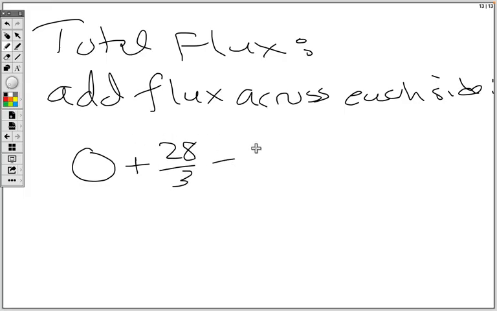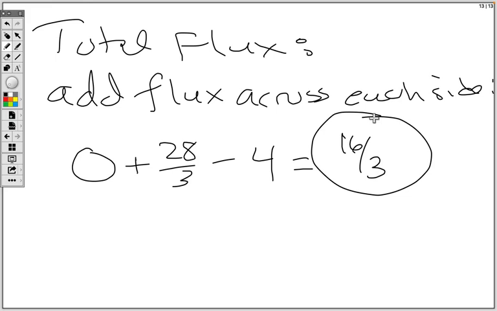The flux along the other side, the left-hand side, was negative 4. So you go through and get your common denominators, and what do you end up getting for the total flux? 16/3. So that's a positive number, which means even though you've got stuff coming in one edge, there's more going out across that diagonal than coming in.